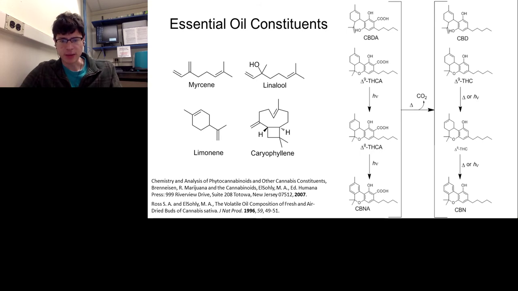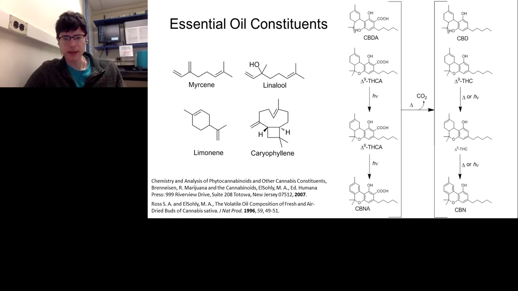Delta is a symbol that refers to adding heat, and you can see CO2, carbon dioxide, popping off. So all of those acid-containing molecules can get decarboxylated. And so, yes, you can have CBNA, the acid form of CBN, CBN being cannabinol, on the bottom right there, right? CBN's become of interest lately.